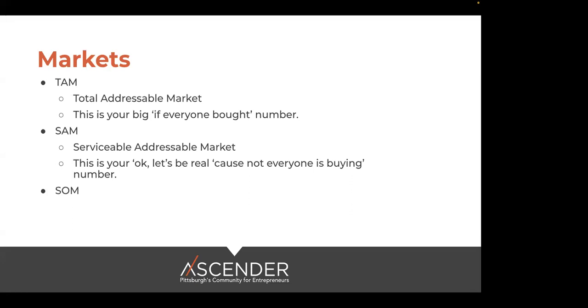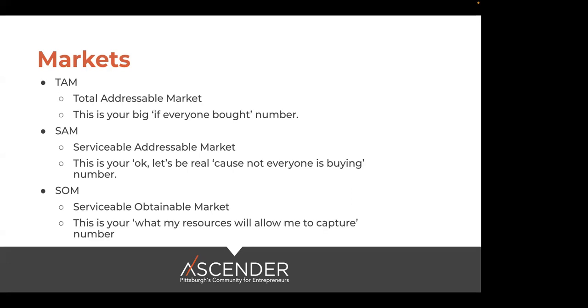And then the last one is your SOM, which is your serviceable obtainable market. And this is, okay, what resources will allow me to capture this number? This means that you might be going after people who like luxury electric vehicles, but the reality is it costs about $3,000 to acquire one customer.